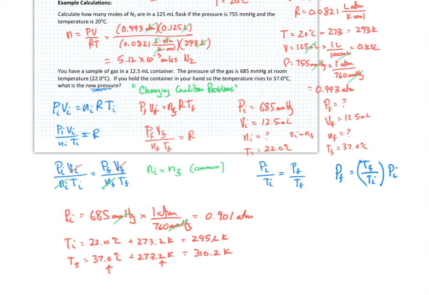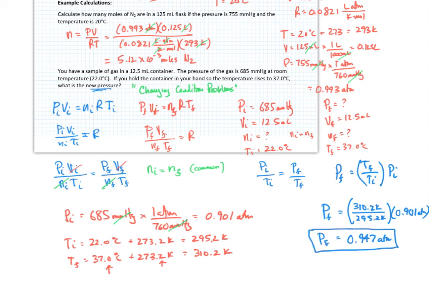So now we can just plug in to our equation. P final is equal to 310.2 Kelvin divided by 295.2 Kelvin times 0.901 atmospheres, and that is going to equal 0.947 atmospheres. Of course, depending on how the problem is worded, you might need to convert that back into millimeters of mercury. That has 3 significant figures.